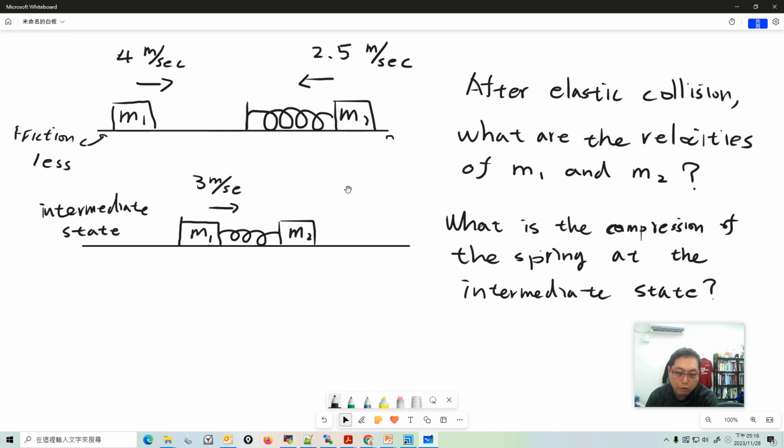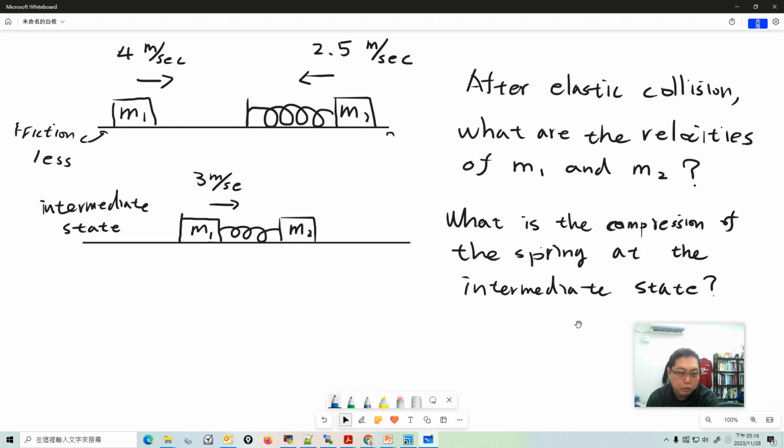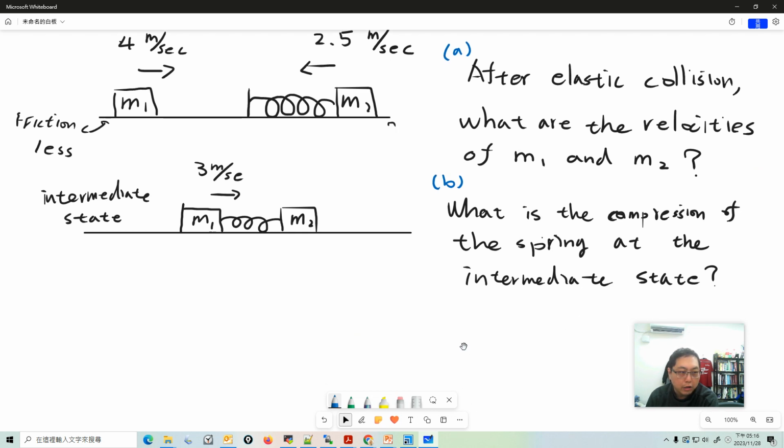For the elastic collision, what is our analysis tool? Let's call this the A problem. In the elastic collision problem, what analysis tools do we have?